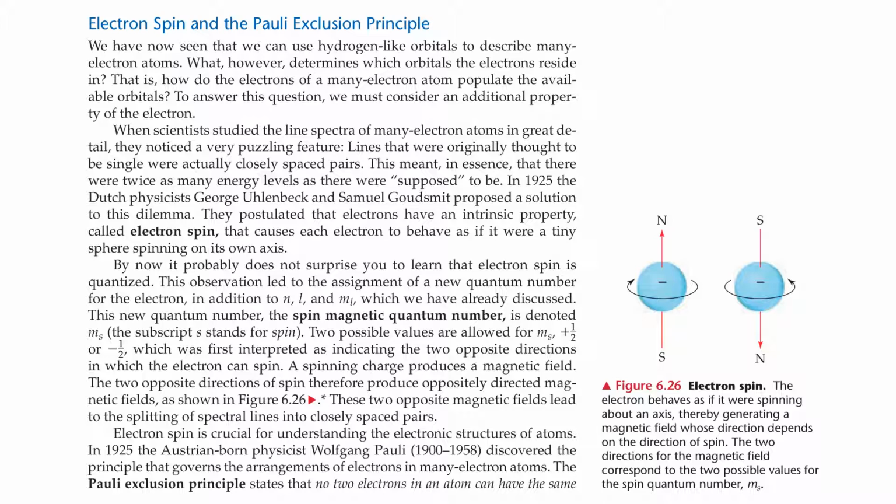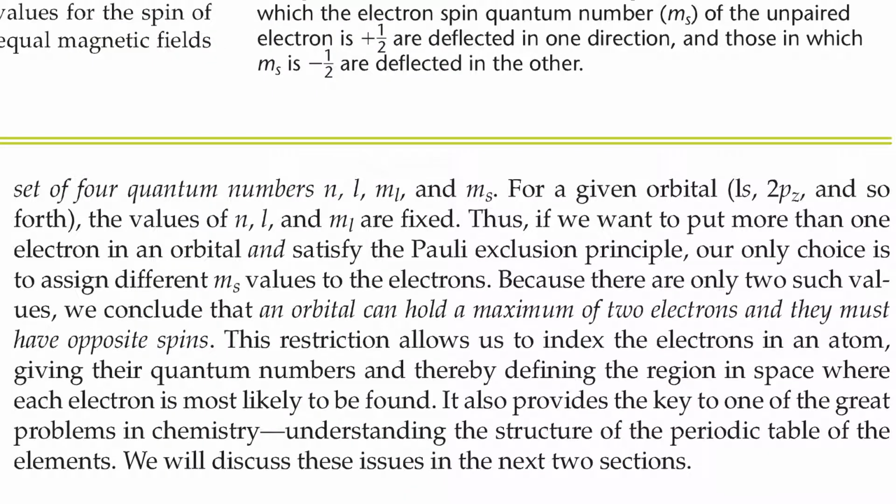In 1925, the Austrian-born physicist Wolfgang Pauli discovered the principle that governs the arrangements of electrons in many-electron atoms. The Pauli exclusion principle states that no two electrons in an atom can have the same set of four quantum numbers: n, l, m_l, and m_s.